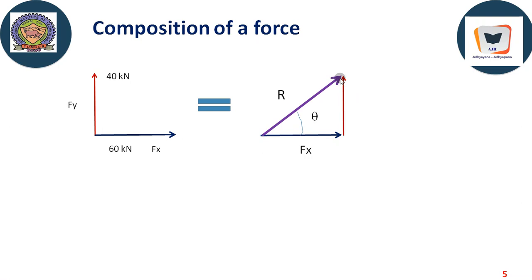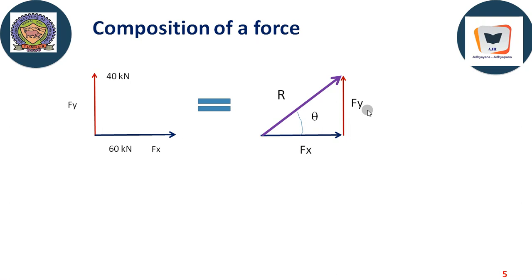This will become the resultant according to the triangular law of vectors. The simple Pythagorean theorem will help us find what R is. So R equal to, this is Fy, this is Fx, and this is the R.